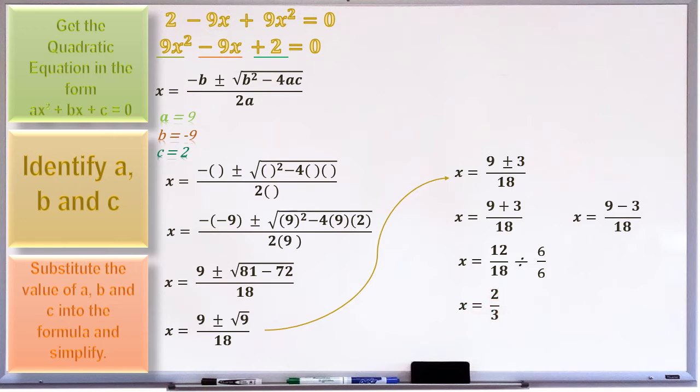Now, let's have the subtraction. So, 9 minus 3 is 6 all over 18. Again, you can simplify. Divide them by 6 over 6. 6 divided by 6 is equal to 1. 18 divided by 6 is equal to 3.